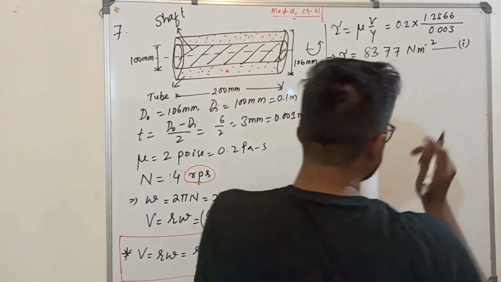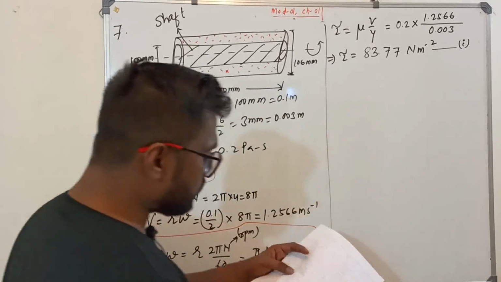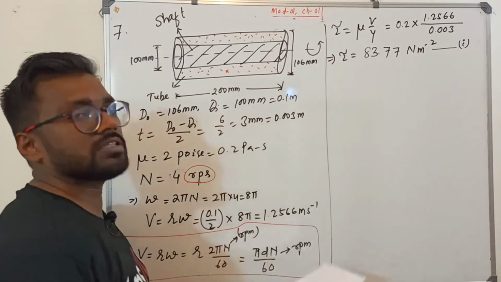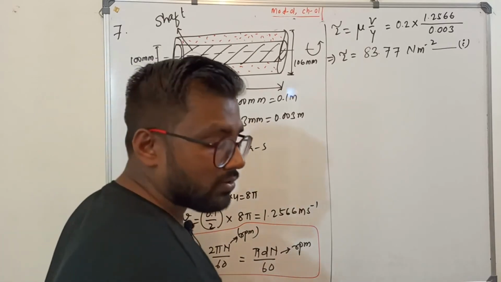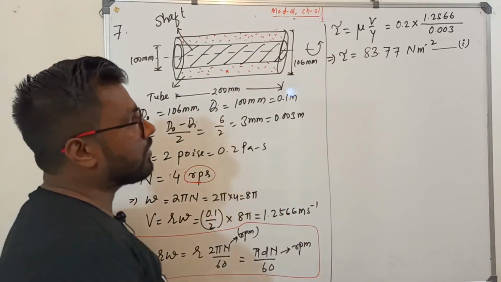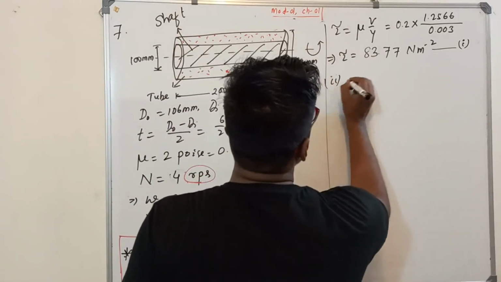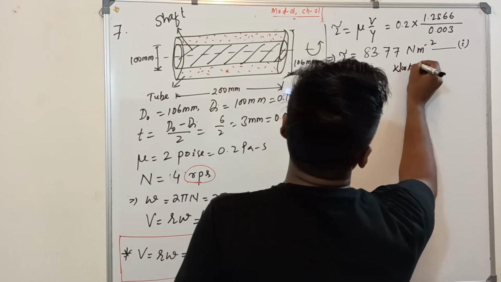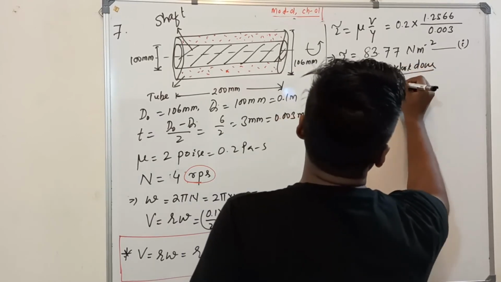Now the second question they have asked. What is the power required to overcome the viscous resistance? You need to calculate the power required to overcome the viscous resistance. So we know, sir, power is equal to work done by time.